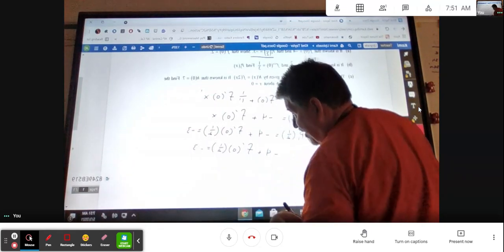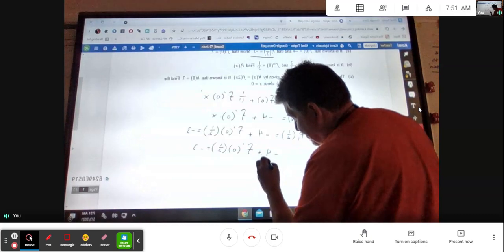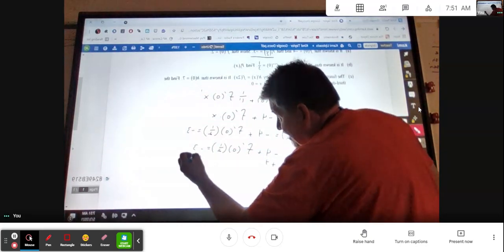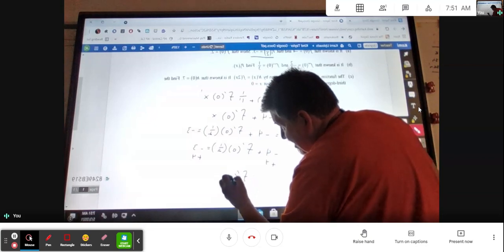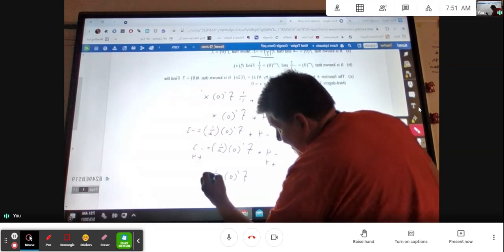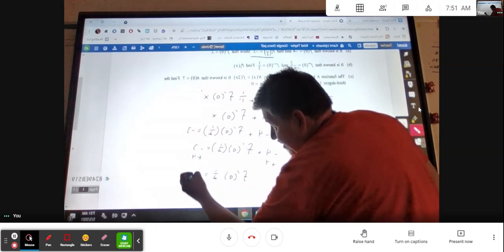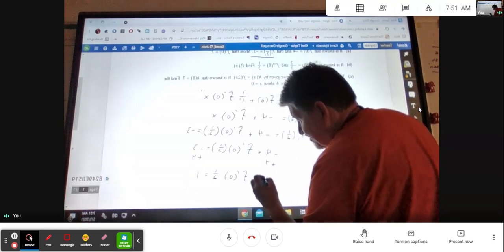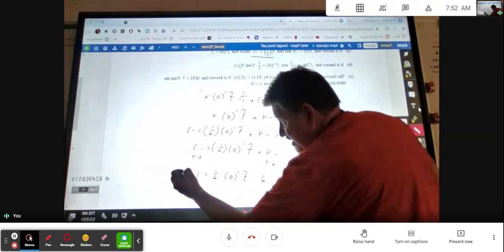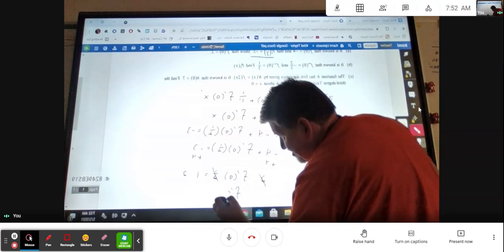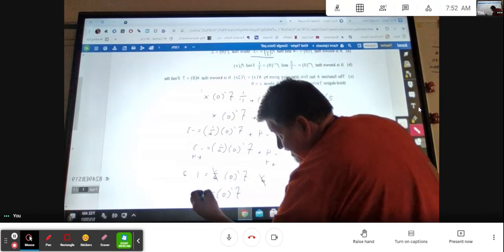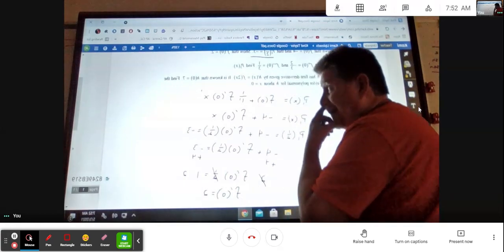I want to solve for f prime of 0, so add 4 to both sides. That becomes f prime of 0 times a half equals 1. Multiply both sides by 2. The half and the 2 cancel, and we find out the first derivative, like they told us, is equal to 2. All right, so that's part A.